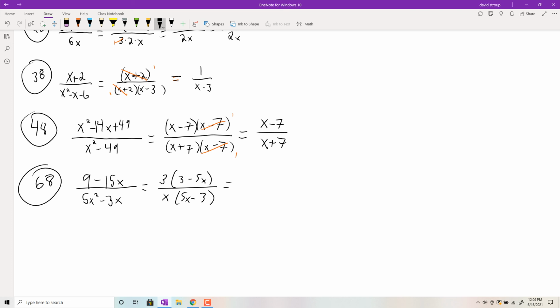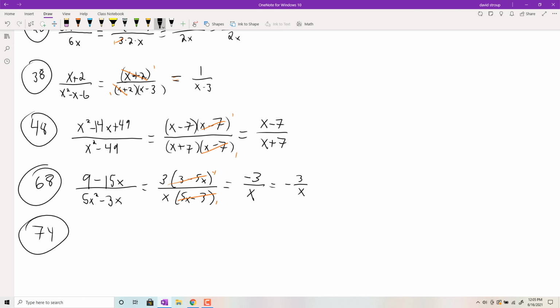Okay, this one then, they are opposite factors, right? 3, negative 3, negative 5x, positive 5x. So those are opposites. You replace the top one with a negative 1 and the bottom one with a 1. And so on the top you have 3 times negative 1, or negative 3. And the bottom you have x times 1, which is x. And of course you could write that as negative 3 over x if you'd rather, but either answer would be full credit for my test.